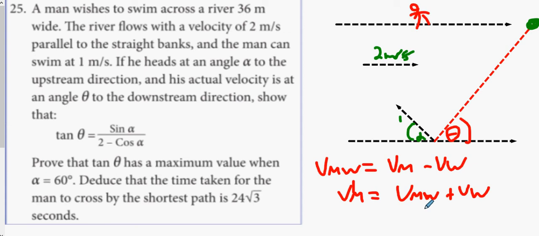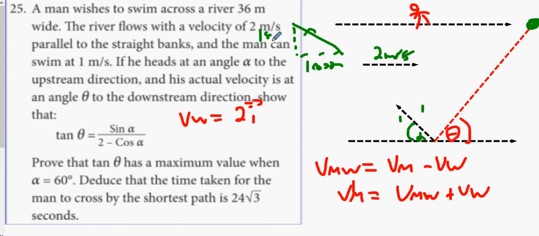Alright. Now, here's what we're going to do next. We're going to break it up into its components. We know that velocity of water is 2i. And now we've got to break up the man. So, would everybody be happy with 1 cos alpha and 1 sin alpha?